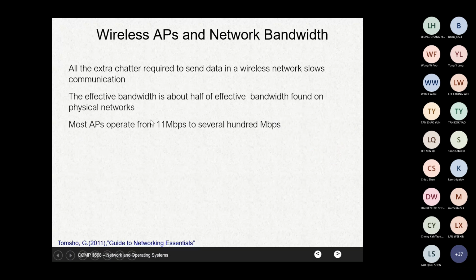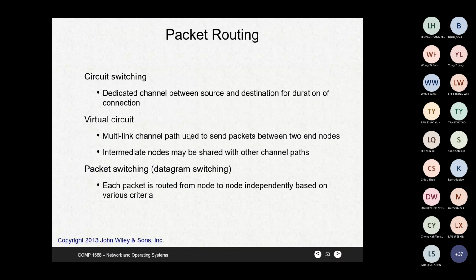You see, some of the older versions work at 11 Mbps only. But the new APs that we have today can work up to 70 or even more. The more you pay, the higher the configuration or the setting, and the switch or the AP works better, right?